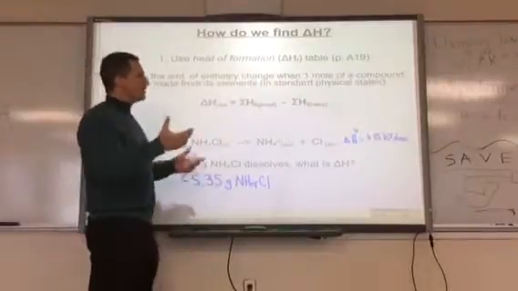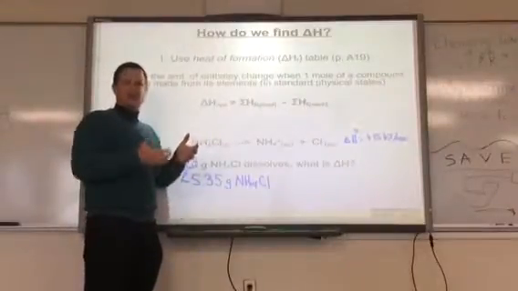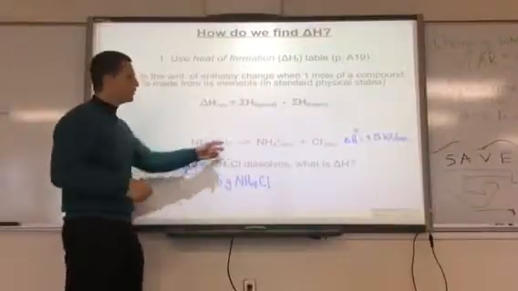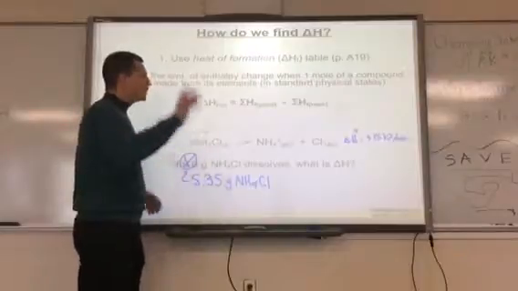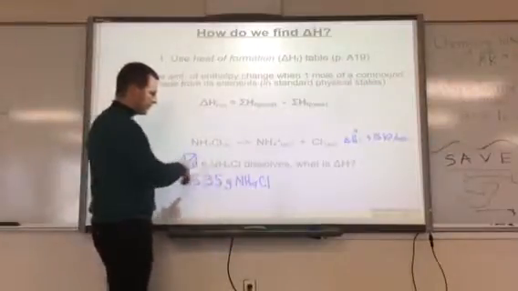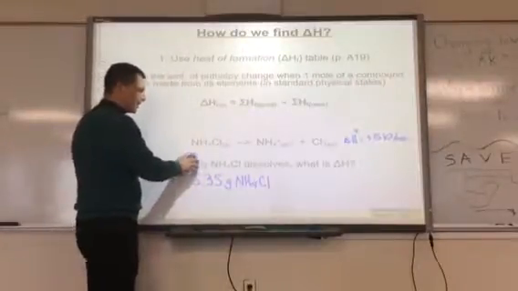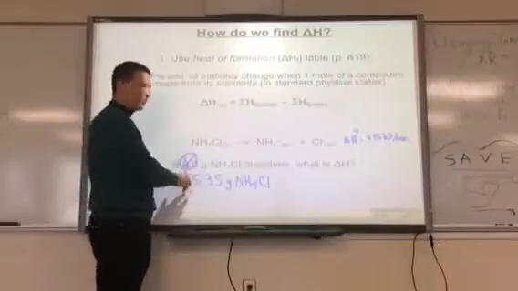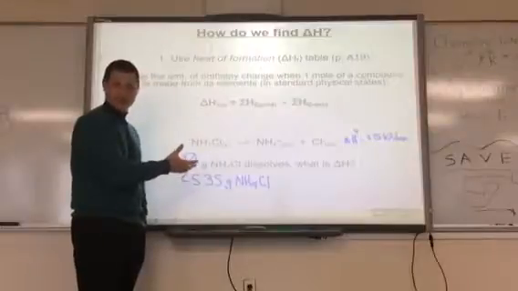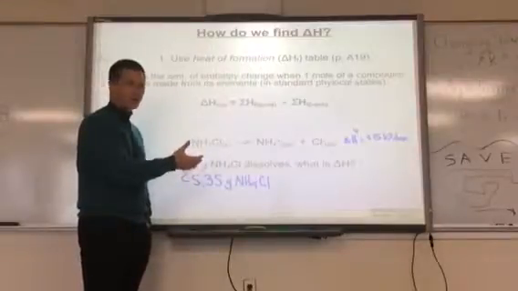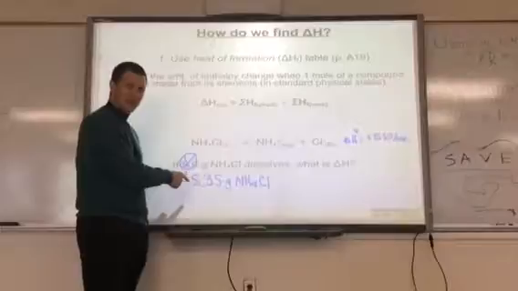I have measured out a sample of 5.35 grams of ammonium chloride. So that would be 1/10 of a mole of this stuff. Now looking at your example problem that you did, rather than plugging in 8 at the beginning, plug in 5.35. Turns out that that's 1/10 of a mole. You see the molar mass of ammonium chloride? 53.5. So this amount is 1/10 of a mole.